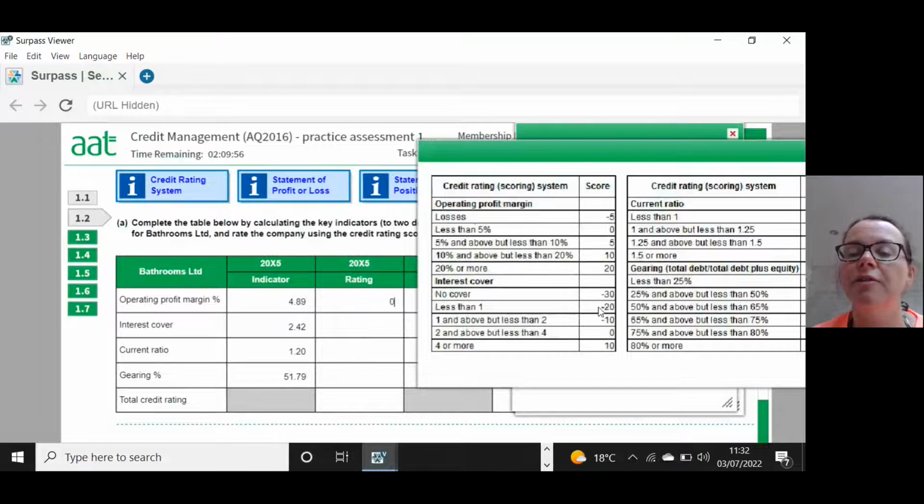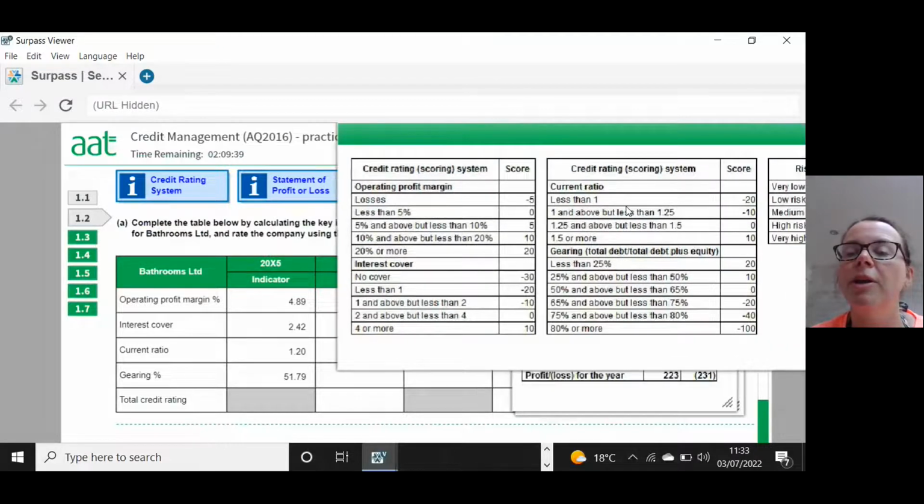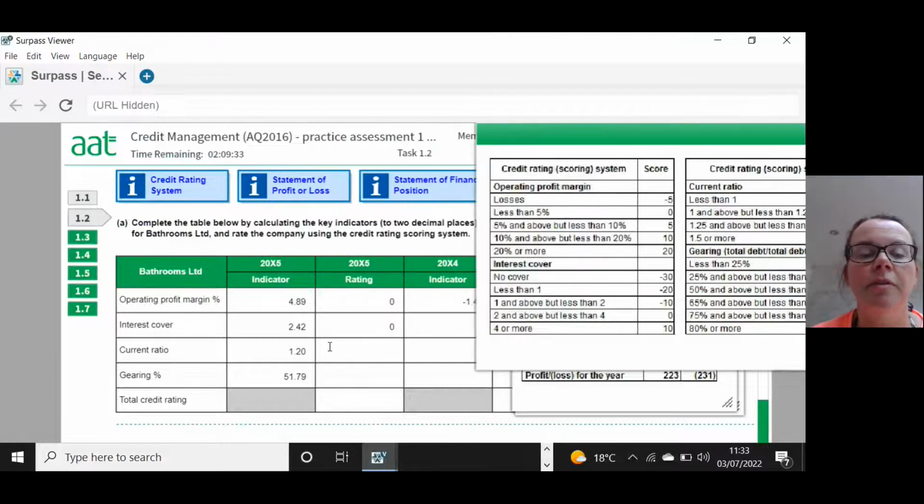Interest cover, 2.42, so 2 and above, but less than 4, so that would give us 0. Current ratio, so we need to move over. So what have we got? 1.20, so this one. So minus 10 for our current ratio.